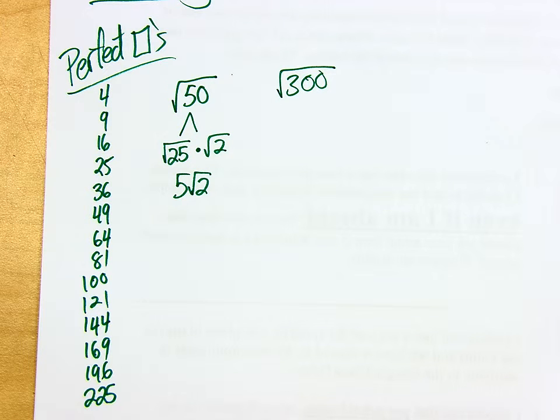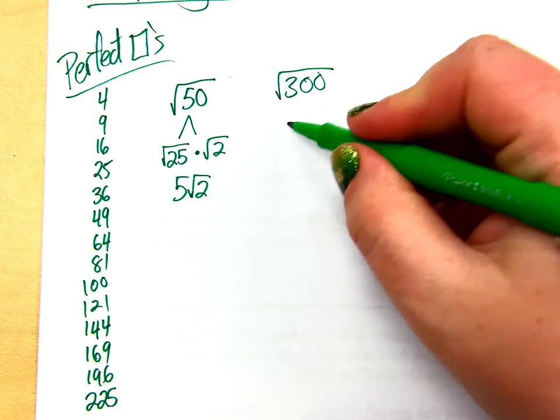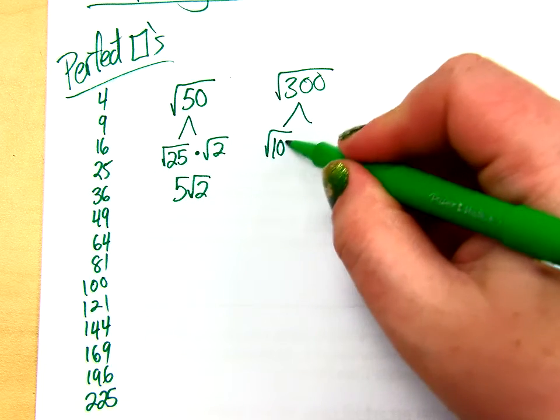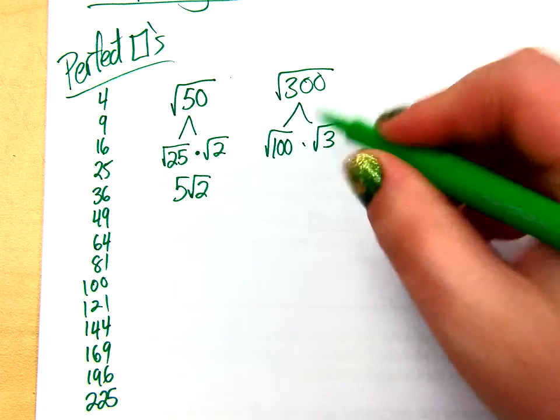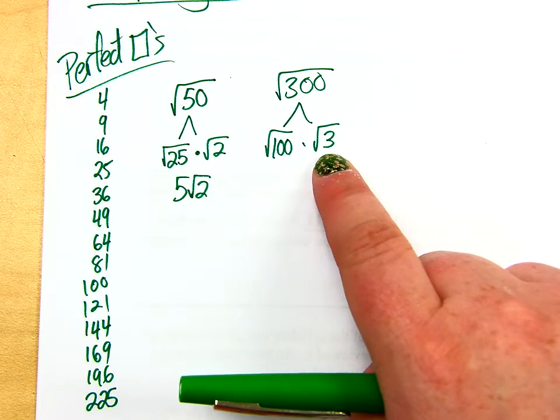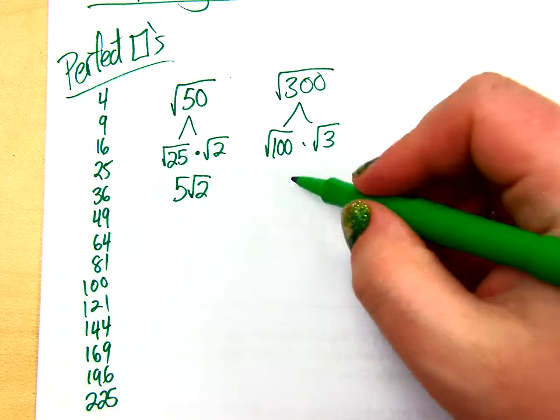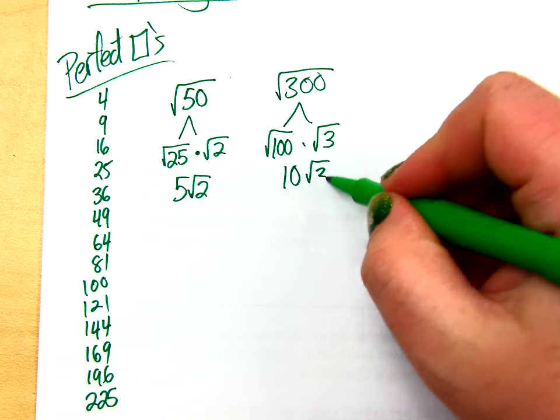What is the largest perfect square that goes into 300? 100. So this would get split into the square root of 100 times the square root of 3. And what is the square root of 100? Just 10. So you get 10 root 3.